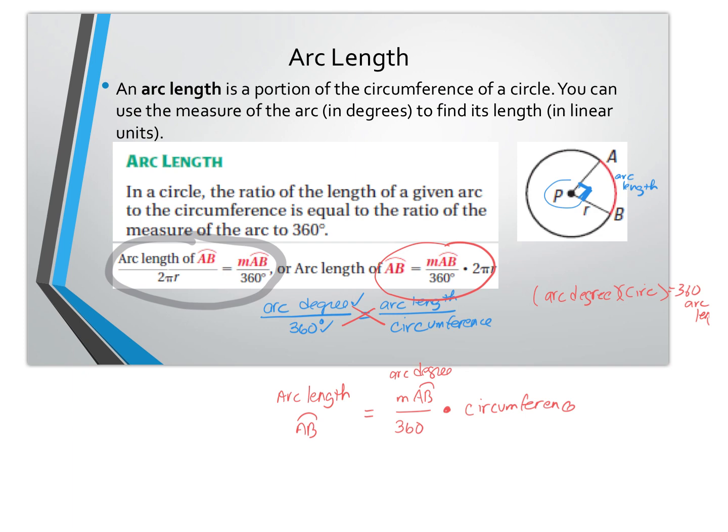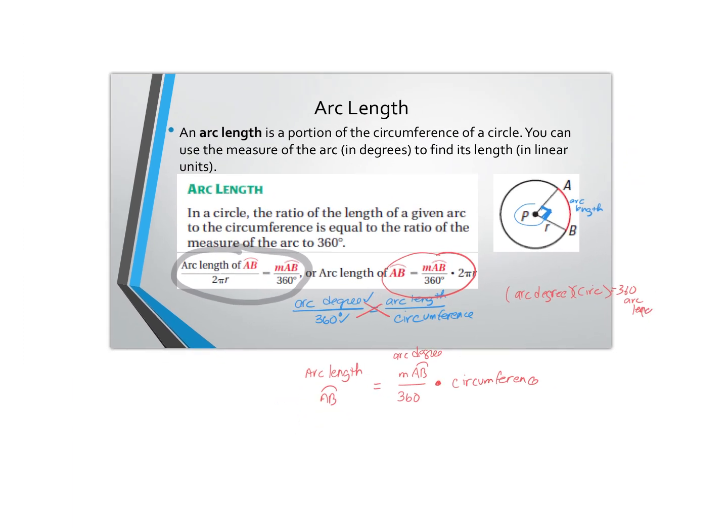And if I divide each side by 360, notice that I'm going to get the arc length equals arc degree times circumference over 360. So it's the same as the formula, it's just in proportion form.